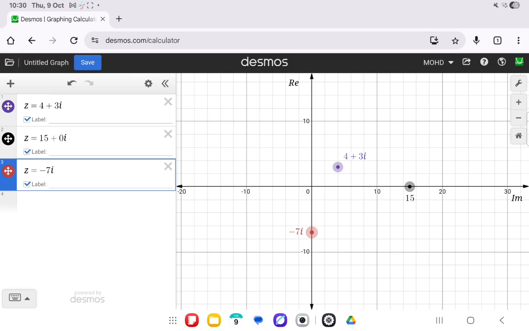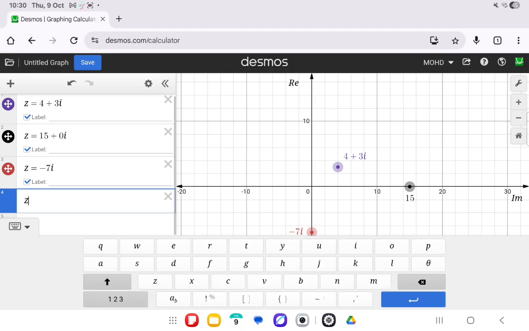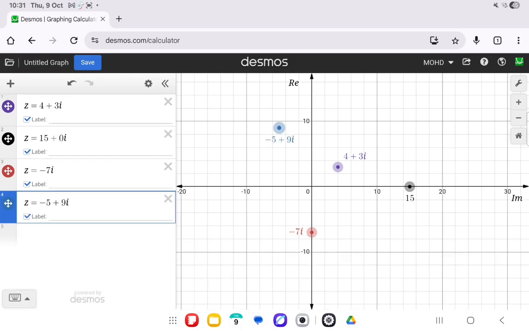So let's proceed to C and D. C is negative 5 plus 9j, so z equal to negative 5 plus 9i. I put a label over here.